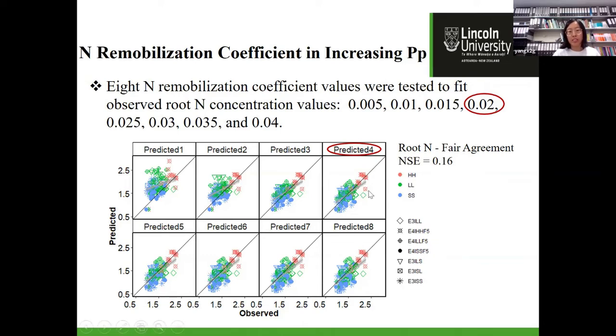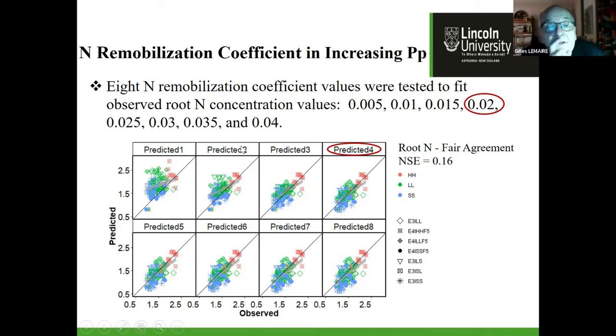So 2% gives us the best fit. I didn't test the remobilization duration, which is from yesterday's talk, because remobilization duration should be the same as happens in carbon remobilization. So in this exercise, we just use the same remobilization duration for nitrogen.